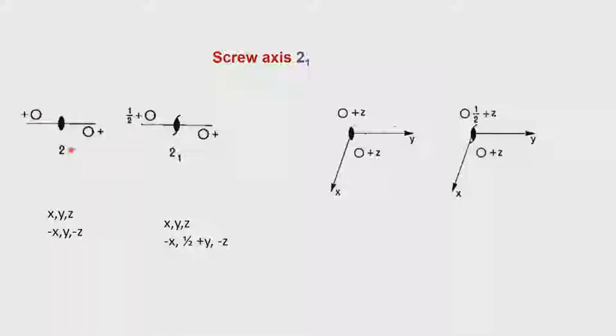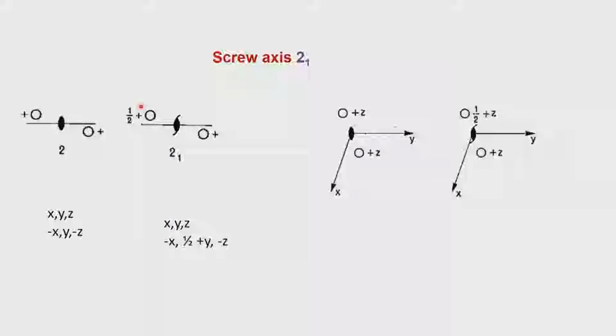We can invoke the presence of a point group 2_1 likewise, where we take this point x, y, z. Now instead of the two-fold symmetry, it is a two-fold screw operation. What we mean by a two-fold screw operation is that we rotate this by 180 degrees and then not stop there, but translate it by half a unit along the y axis, which is the b direction.